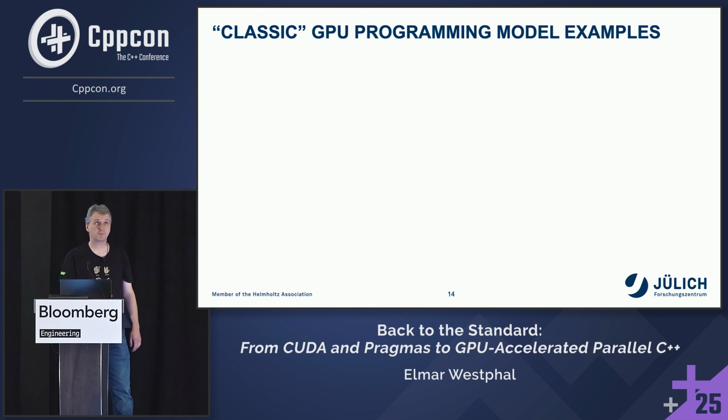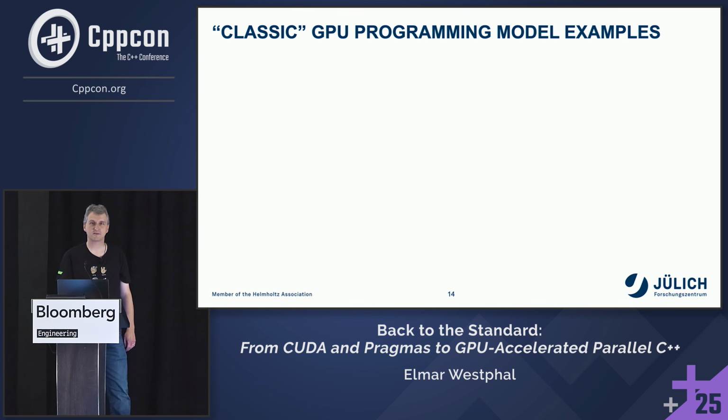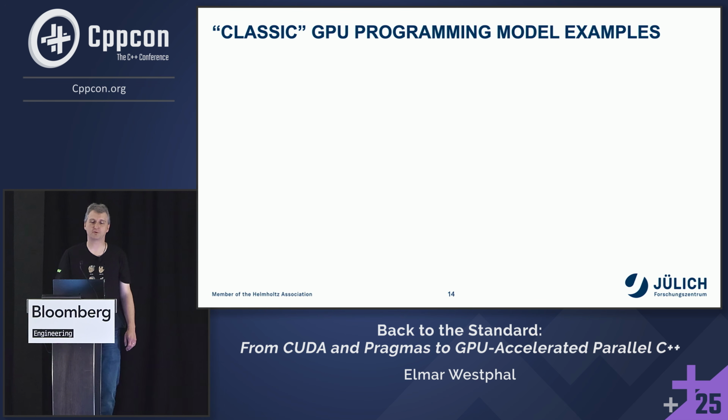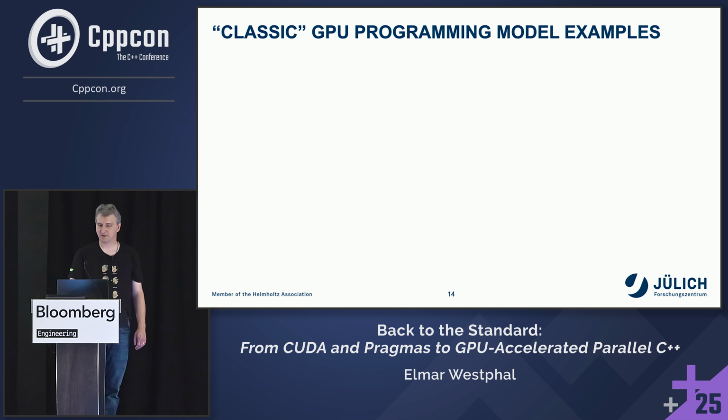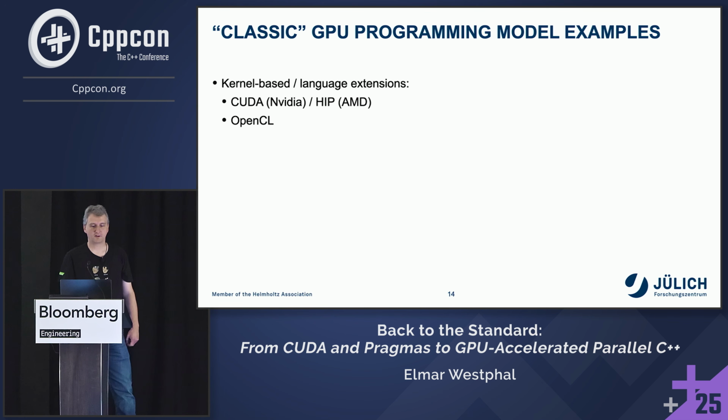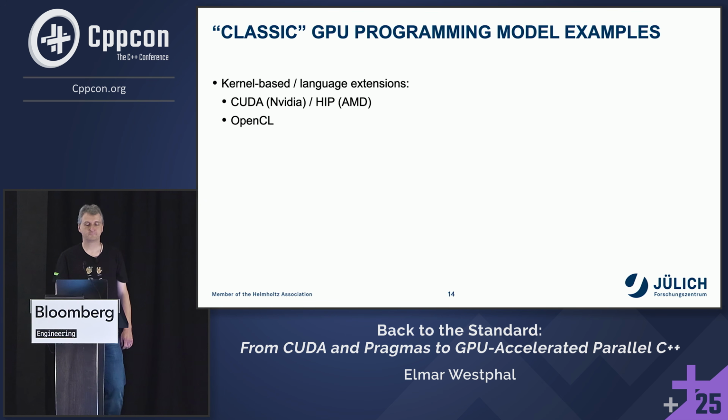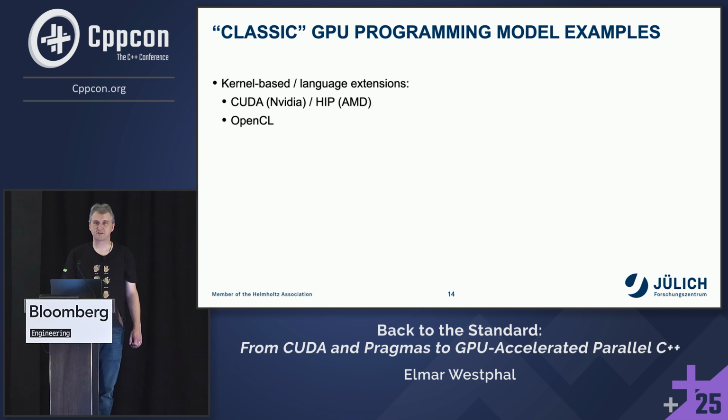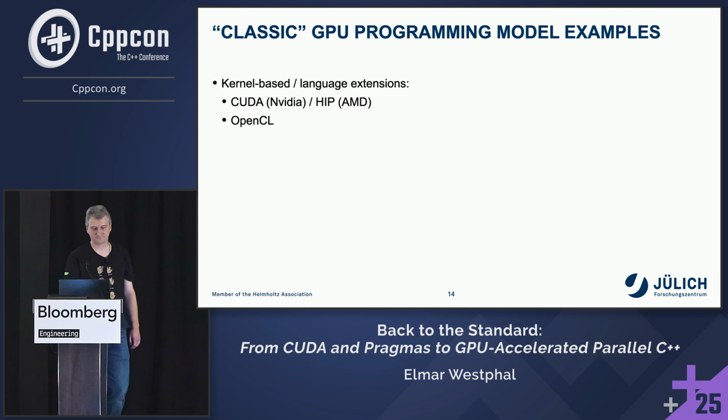We have to know a little bit about the past and why it sometimes seems complicated to program a GPU. We have the classic models. They're either kernel-based language extensions like CUDA or HIP, which are very similar, and OpenCL, which is similar but different.